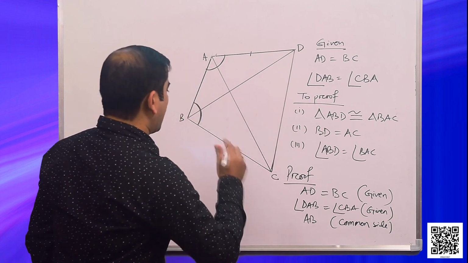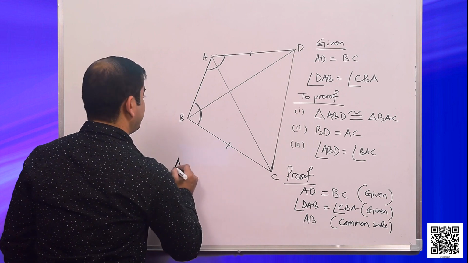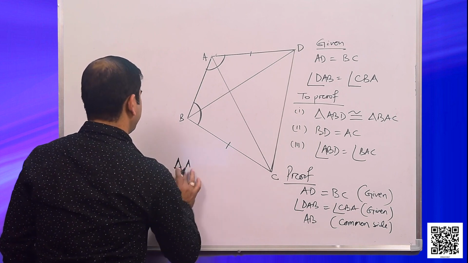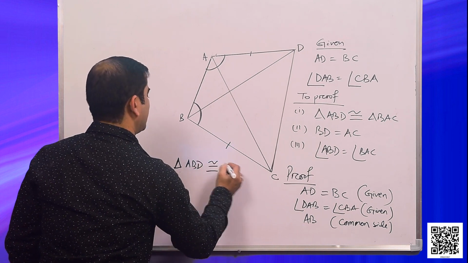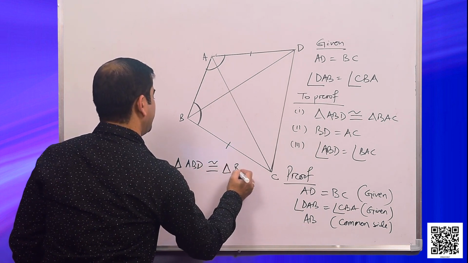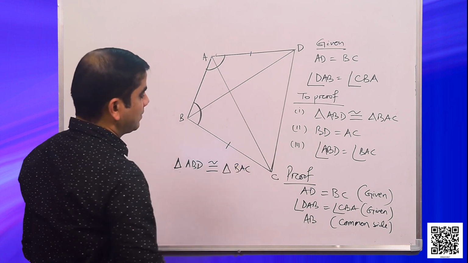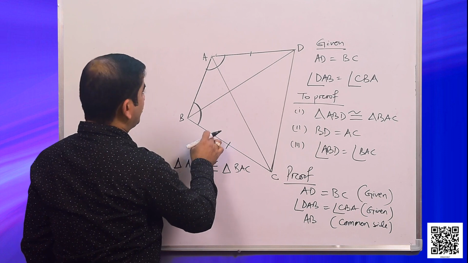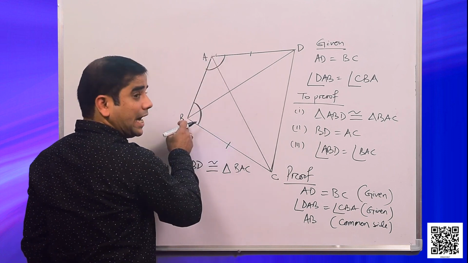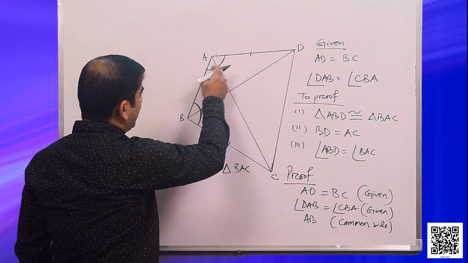That means now we can say that triangle ABD is congruent to triangle BAC. Why? Because we have two sides equal to each other, a common side, and this is the included angle.